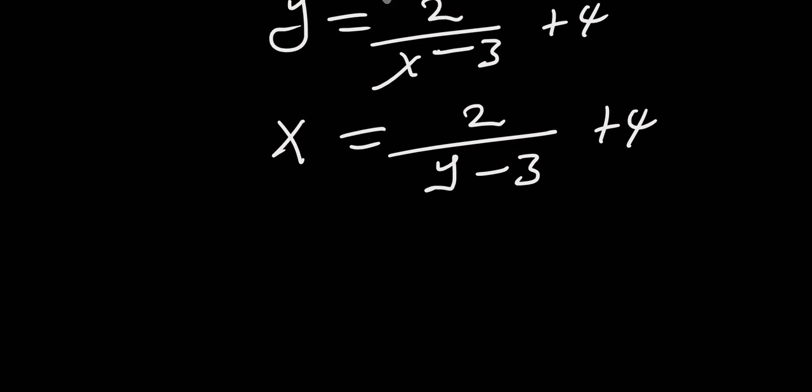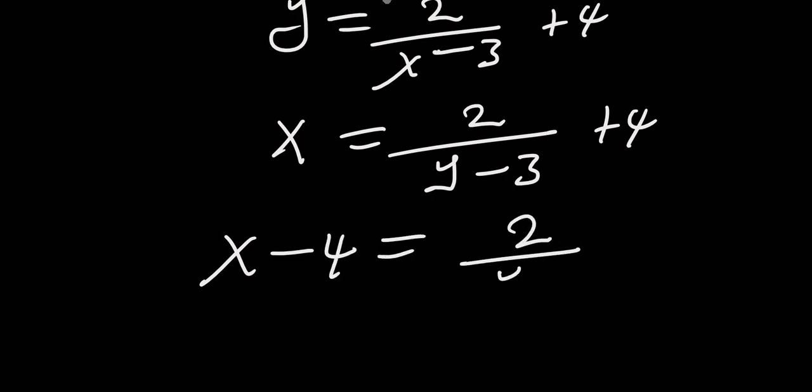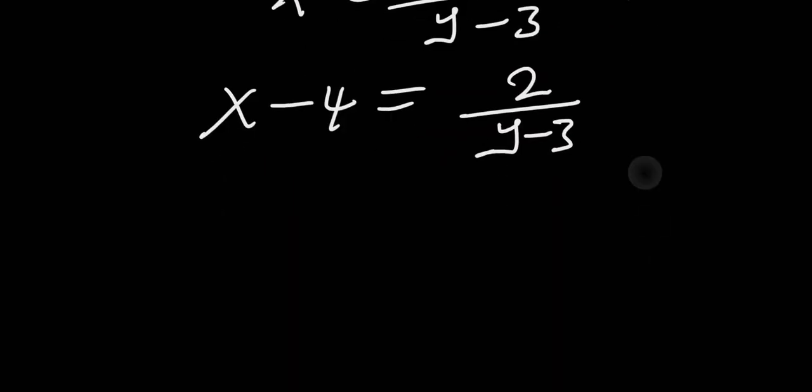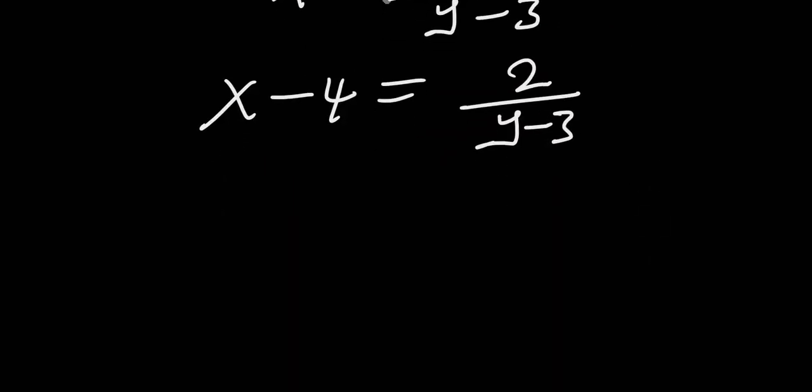So to do that, first we are going to subtract 4 from both sides. If we do that, this will become x minus 4 is equal to 2 over y minus 3. Now, at this point, we can simply put this in parentheses and multiply both sides by y minus 3.